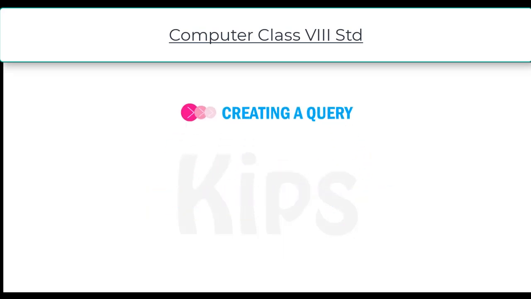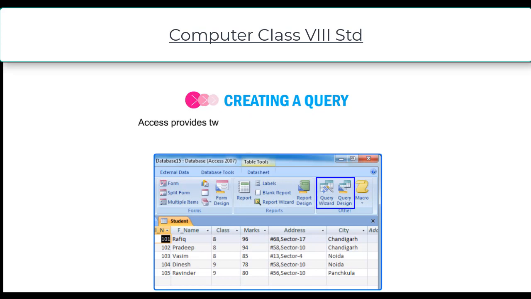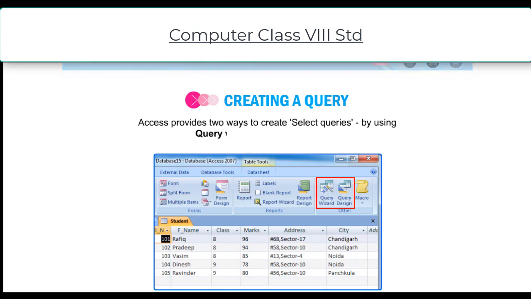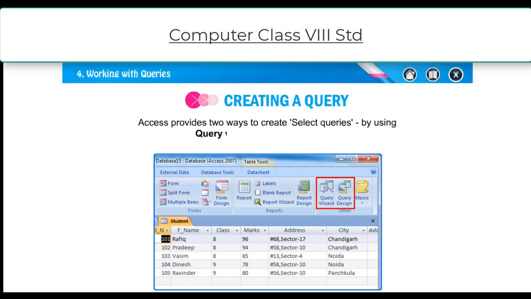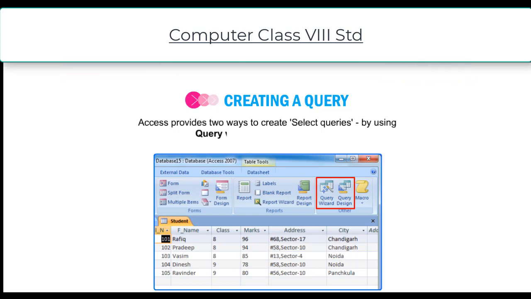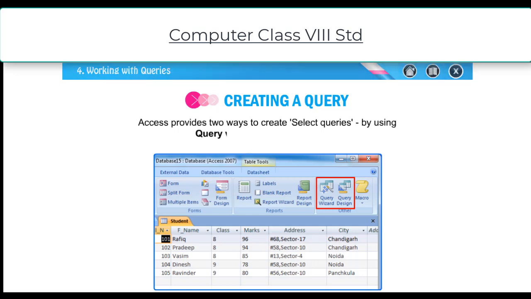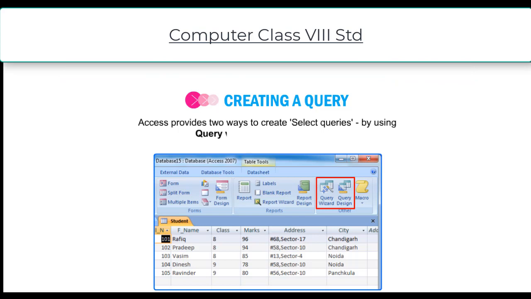Okay, now let's see, creating a query. How to create a query? Access provides two ways to create the select queries. I told you earlier also, there are two ways, children. One is the query wizard. Can you see this red box over here? One is the query wizard and next is the query design. Query wizard indicates that this is a series of steps which help you in forming a query, right?